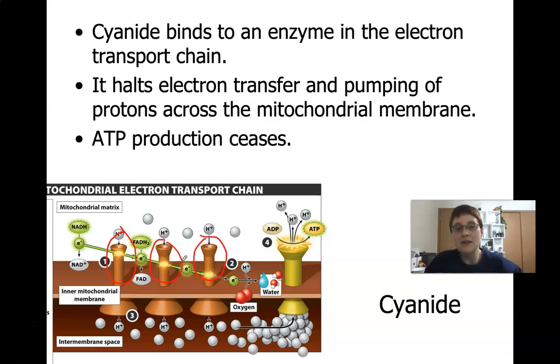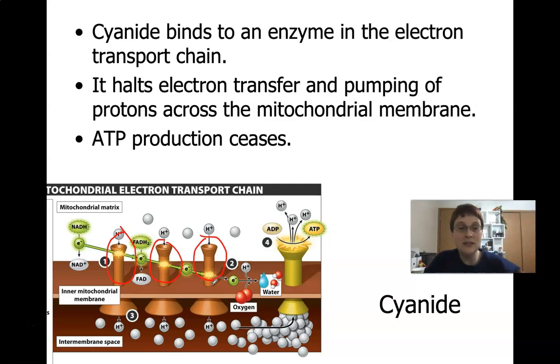If that happens, you can't pump protons, and if you can't pump protons and get them all crowded on this side, this guy over here that's making ATP doesn't have anybody to power him, right? And so it doesn't take a lot of cyanide to block these proton pumps, right?